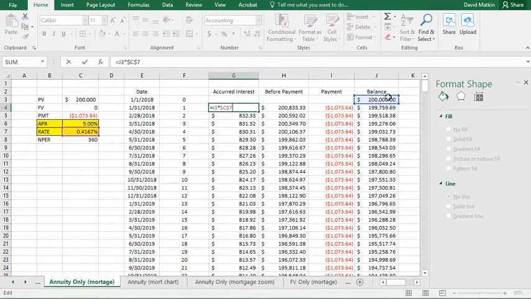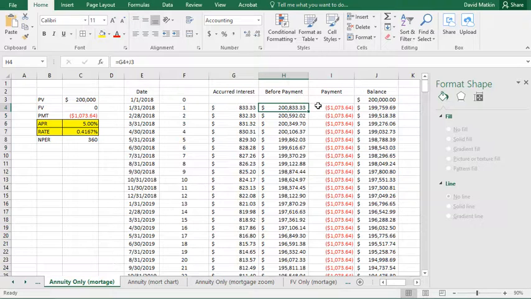So here I just took the balance outstanding and multiplied it by the interest rate that we had here, the 5% divided by 12, and then recognized the interest growth. So that's the balance before the payment. Here's the payment, and here's the balance after the payment.